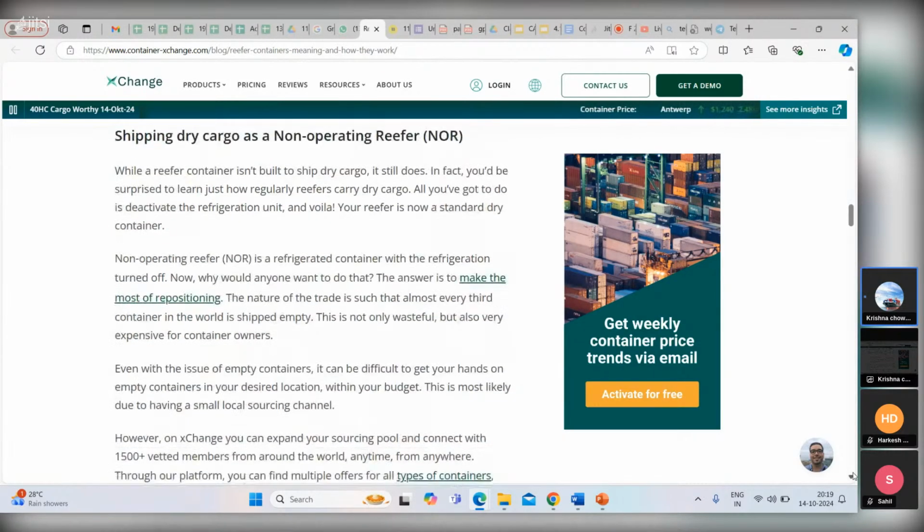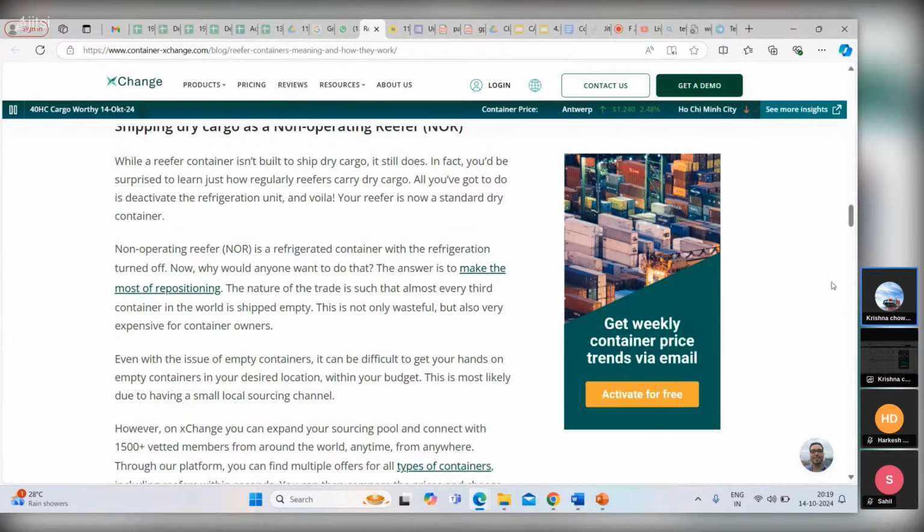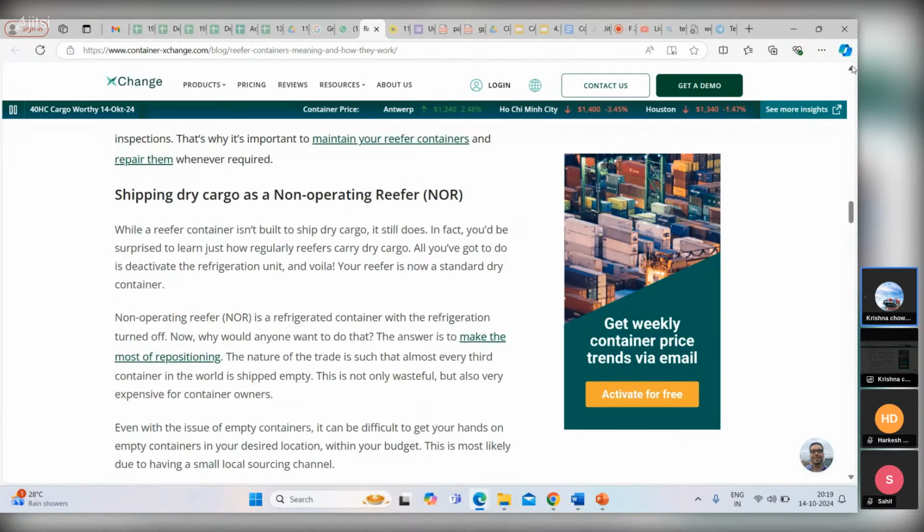Shipping dry cargo as a non-operating reefer. While a reefer container isn't built to ship dry cargo, it still does. In fact, you would be surprised to learn how regularly reefers carry dry cargo. So it is not only for fruits, vegetables, and meat, but it also carries some dry cargo.